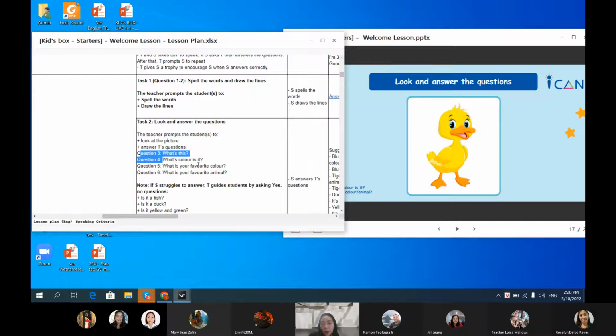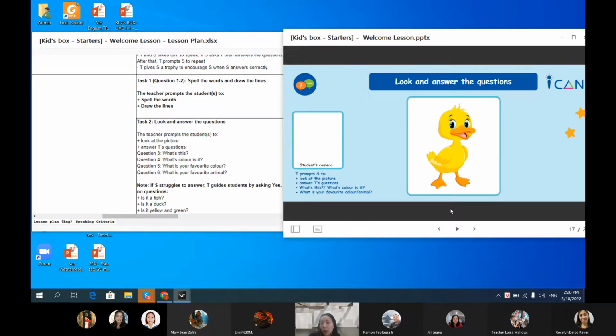When you turn to this slide, you will ask, what color is this? What is your favorite color? And what is your favorite animal? In case you cannot remember all the questions, you just need to look up the small blue lines in the left corner of the slide. Do you see it?